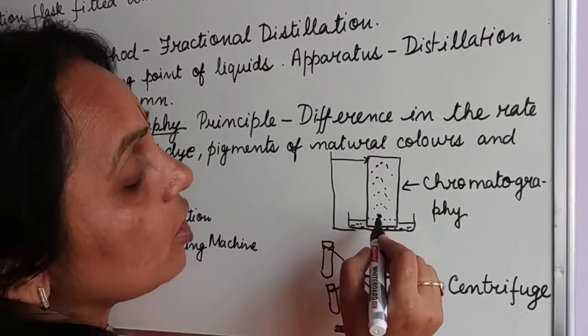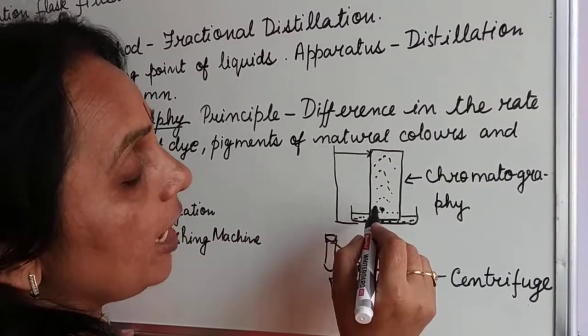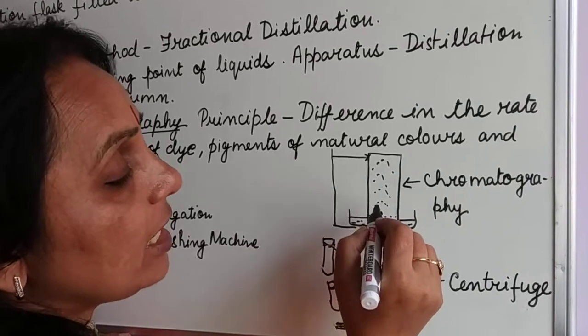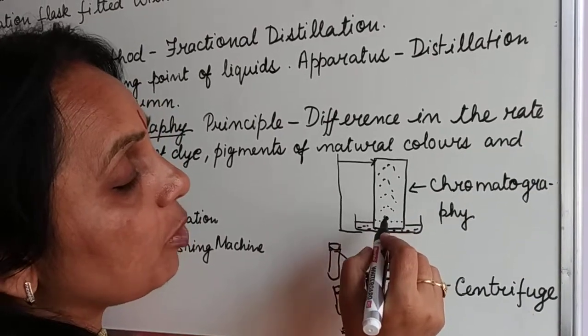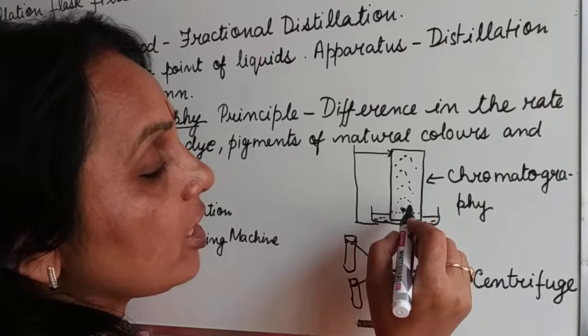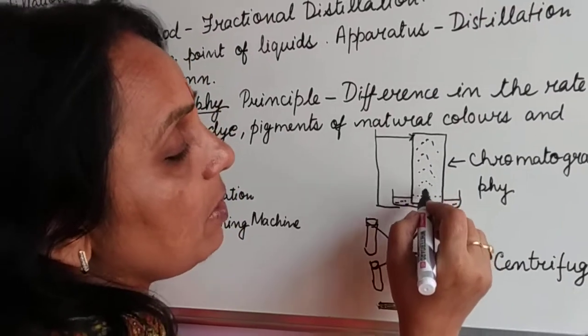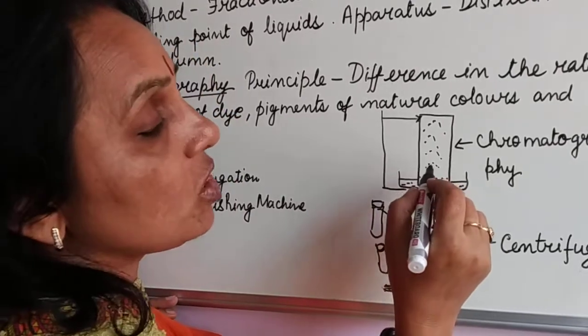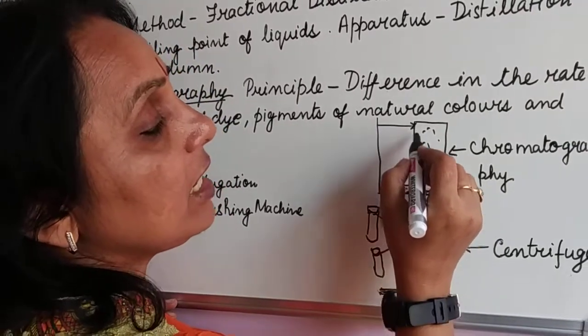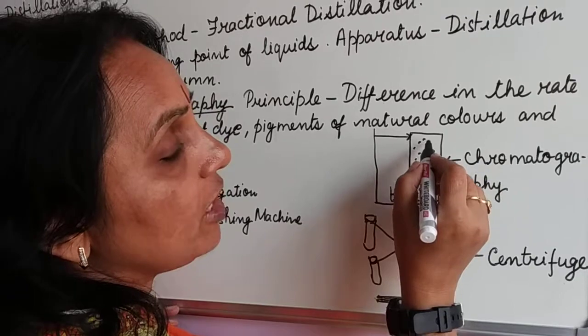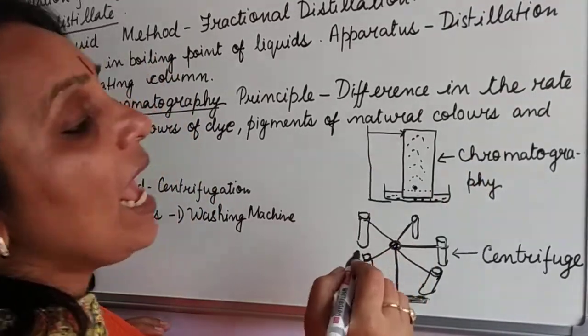So the component of the ink which is adsorbed faster separates out faster. That means the component of the ink which sticks to the filter paper very fast will get separated fast. And the component of the ink which is not sticking to the filter paper is carried high up on the filter paper and it is separated at the end.